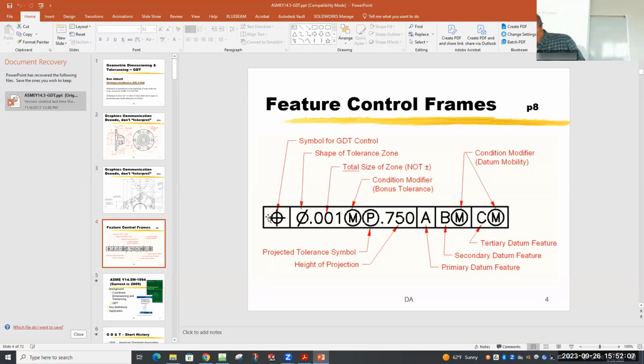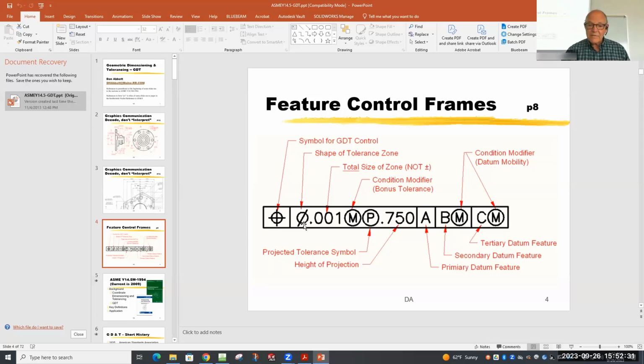Positional tolerance is the most common of the tolerances, and it's also the most complex, which is why I'm starting with it. But if you go back to this frame, what the frame is telling you is this. We're going to control the position of whatever this frame is attached to. There's a tolerance zone as opposed to a tolerance range. In dimensions, you have a tolerance range. It's got to be this, no bigger than this, no smaller than this.